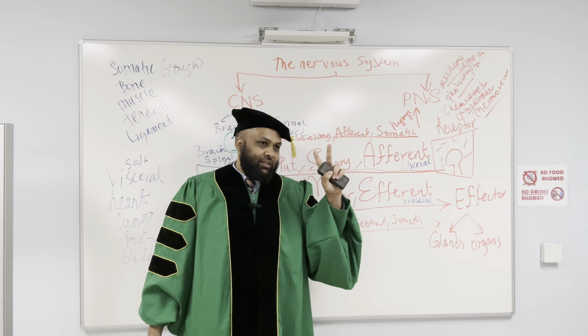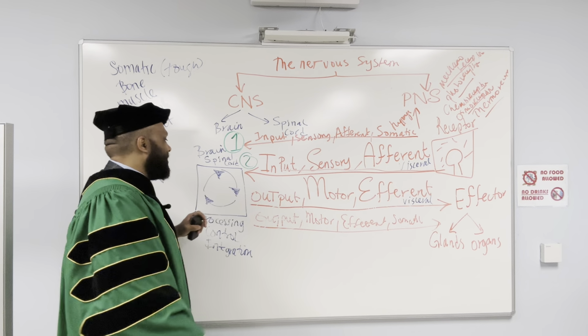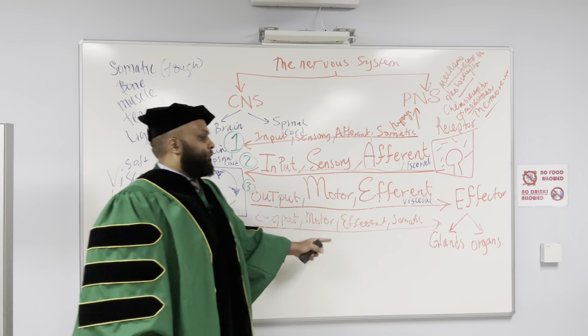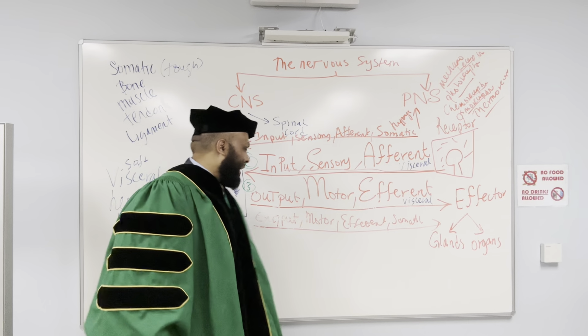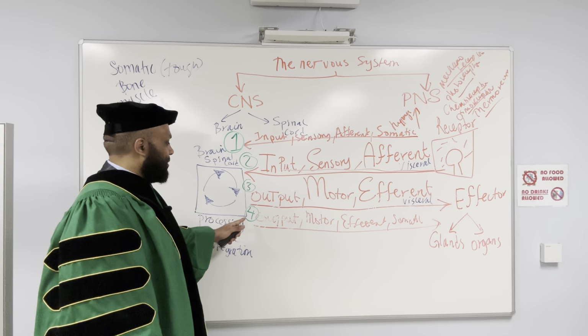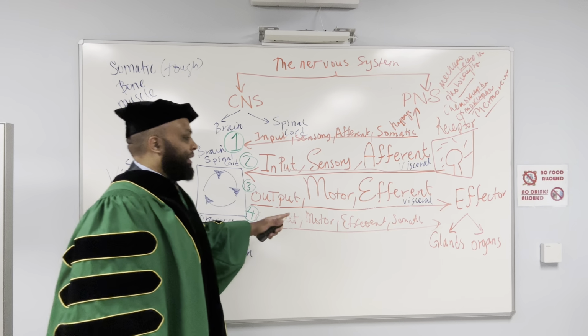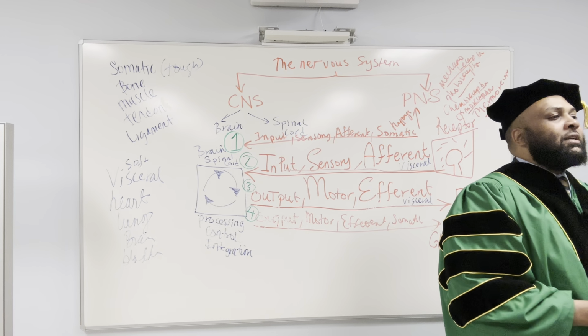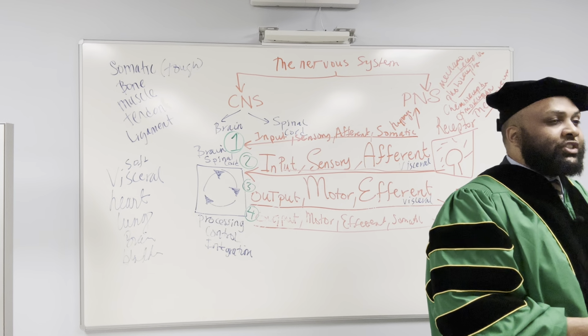That's a second system. Then you have output, motor, efferent, visceral. And what's number 4? Output, motor, efferent, somatic.